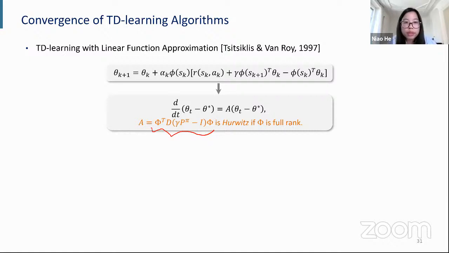And then you have this matrix, as we saw before, gamma times P minus I, times phi. You can easily show that this matrix A is Hurwitz, because you can show that this middle matrix, gamma times P minus I, is in fact negative definite. So this part is indeed negative definite. And if your feature matrix phi is also full rank, then this will mean A will also be negative definite.